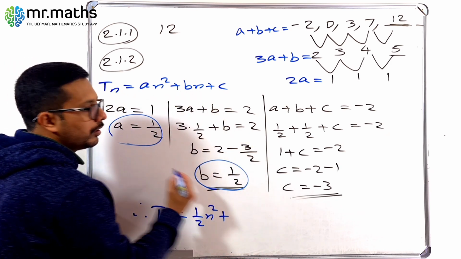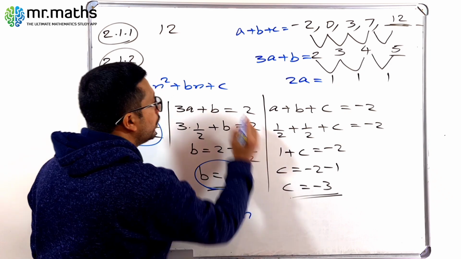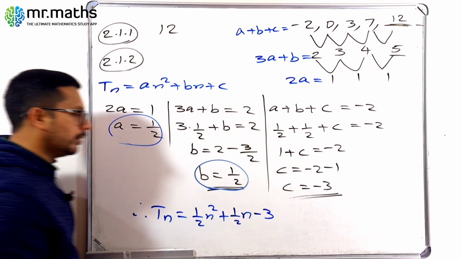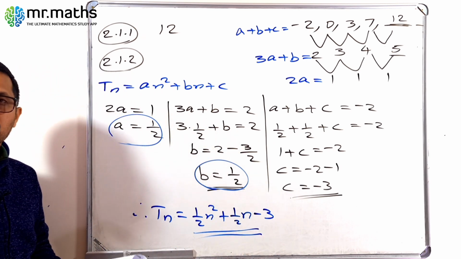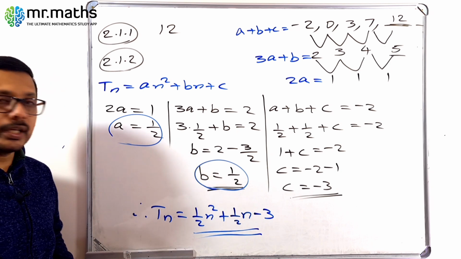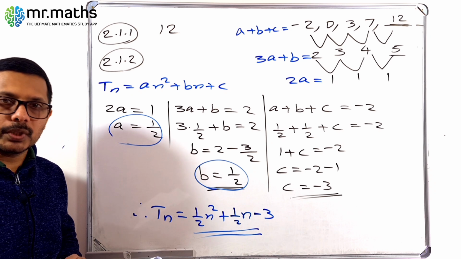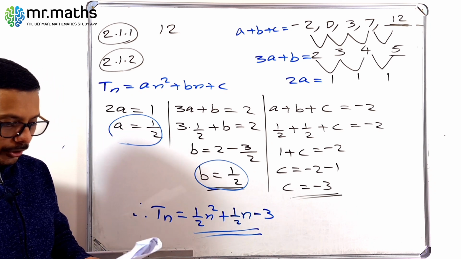B is also half, so it is half n plus c. C is minus 3, so it is minus 3. So this is the general expression for Tn: half n square plus half n minus 3. That is question number 2.1.2. Now we can move to the next question, 2.1.3.